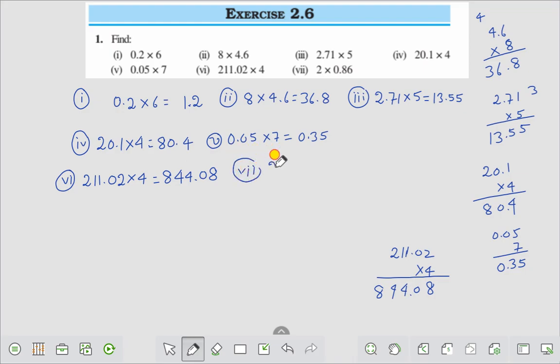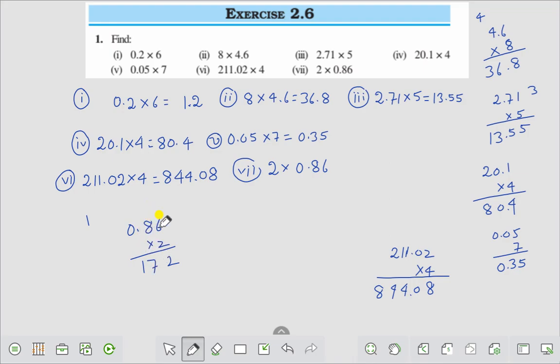Now question number 7 is 2 into 0.86, and multiply it, that is 0.86 into 2. 2 sixes are 12, carry 1, 2 eights are 16 plus 1, 17.